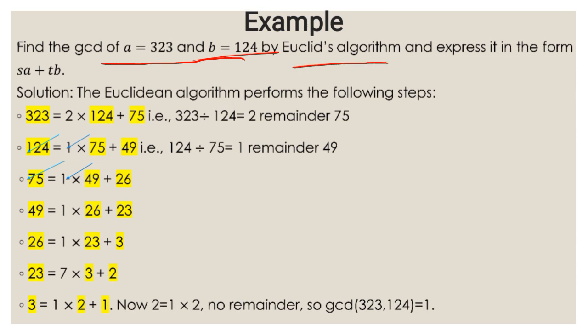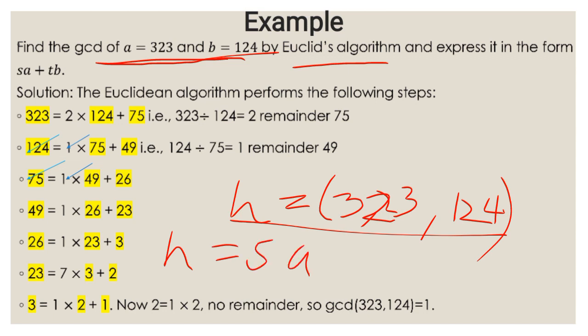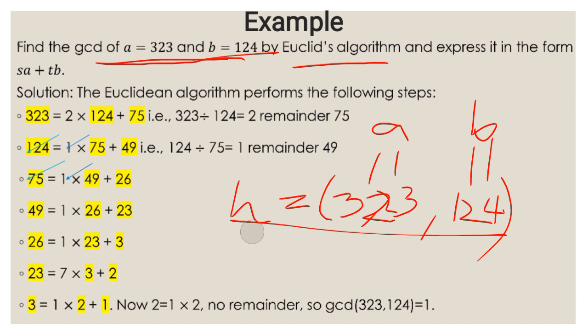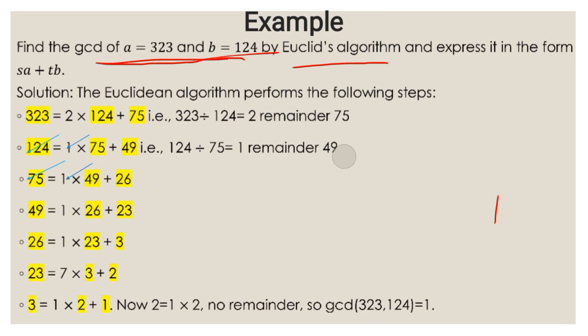After finding the GCD, meaning we should find H of 323 and 124, it says you should also prove that you can find this SA plus TB. We know our A already. A is 323 and B is 124. So we're to find this. That's a lot of work before us, but let's learn it first. Practice makes perfect. By the time you know what to do, it'll be easy to work with.